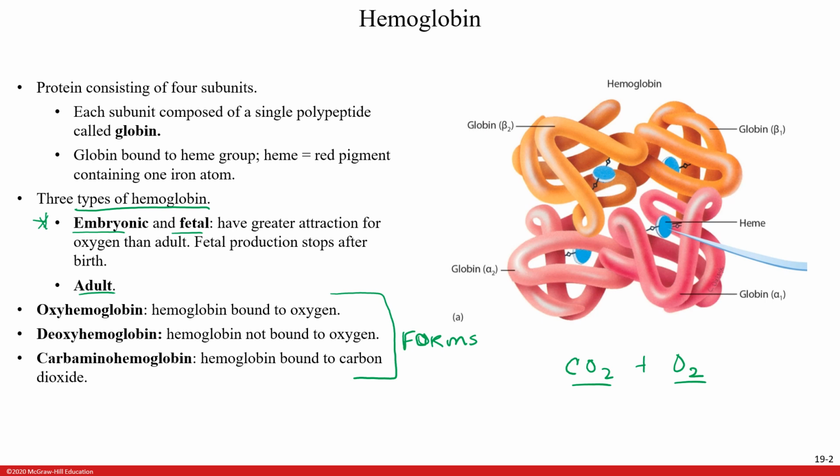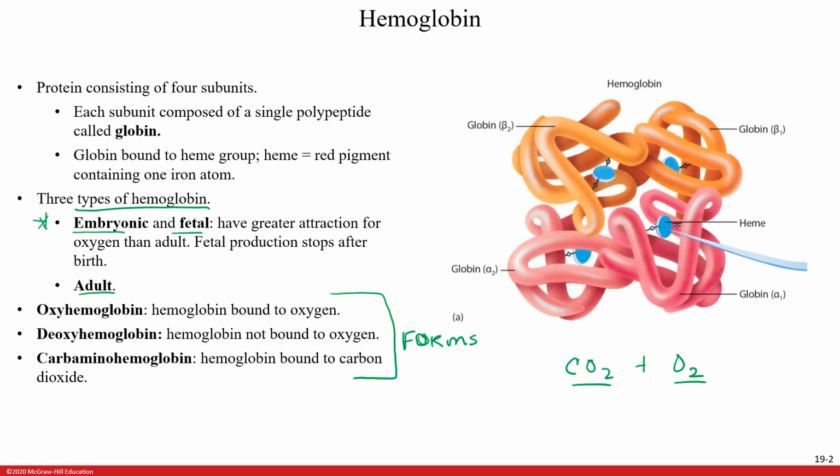So a hemoglobin molecule that has picked up oxygen in the lungs and is carrying oxygen is going to be called oxyhemoglobin. When that hemoglobin molecule arrives with the red blood cell at its tissue target, it's going to release that oxygen, at which point it is going to be a deoxyhemoglobin molecule.